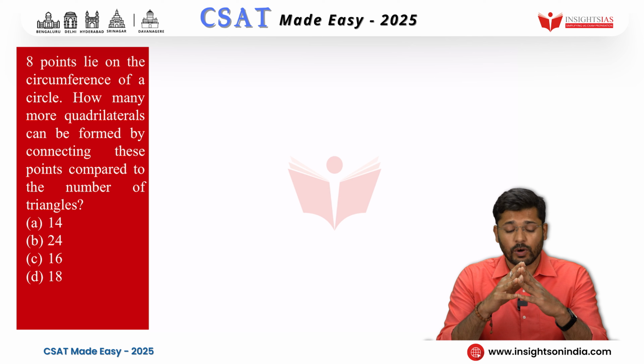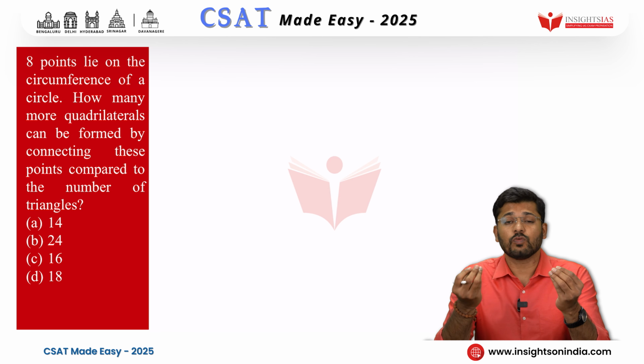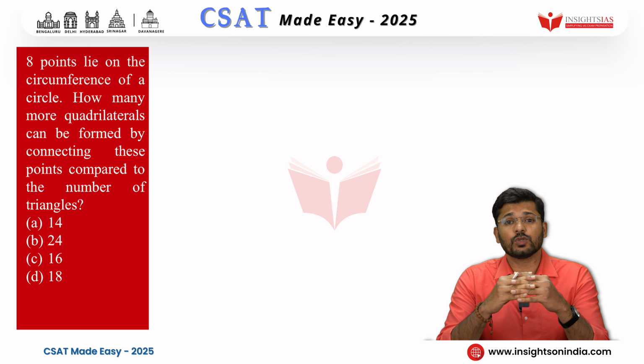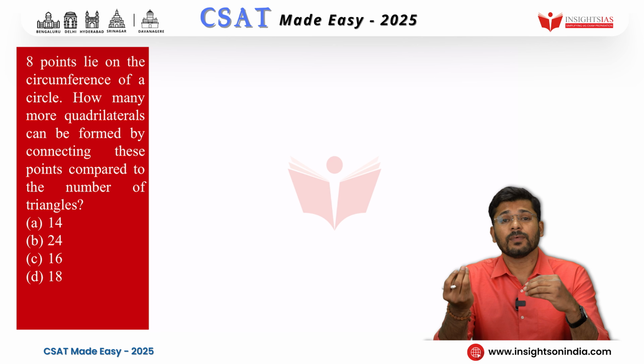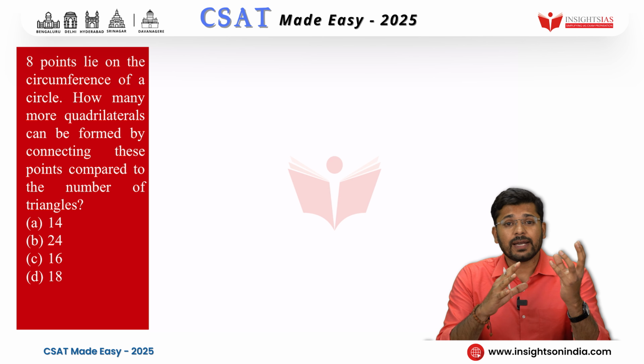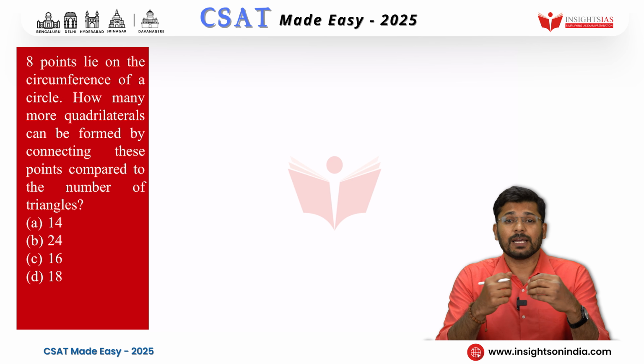Using those 8 points, you can form quadrilaterals and you can also form triangles. They want us to know how many more quadrilaterals can be formed than the triangles. That is, find the number of quadrilaterals that can be formed and subtract it by the number of triangles that can be formed. So that will give you the difference between them.